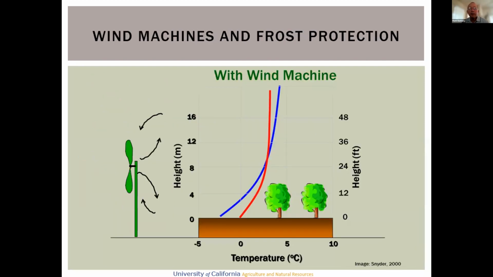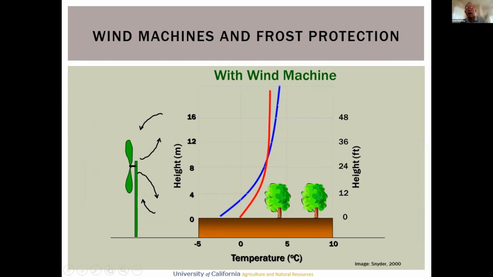So here's just a schematic of how this occurs. What we're looking at here, these two lines. The blue line would be the air temperature profile with height above the ground prior to starting the wind machine. What this is trying to show you is that near the ground surface it is very cold, and yet it gets warmer as we go up above the ground.